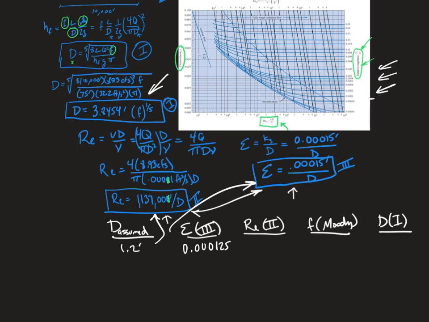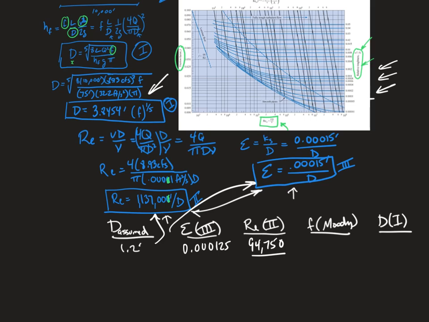So if we plug this in here, 113,700 divided by d, and if we plug that in, we're going to get 94,750. Okay, this is too many sig figs, but I'm just following my key, so for now that's okay.